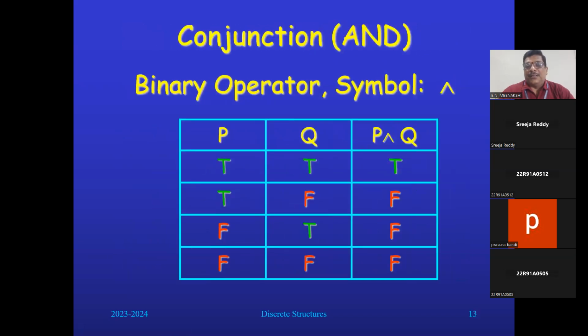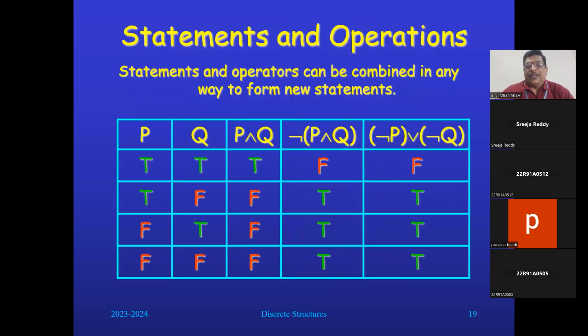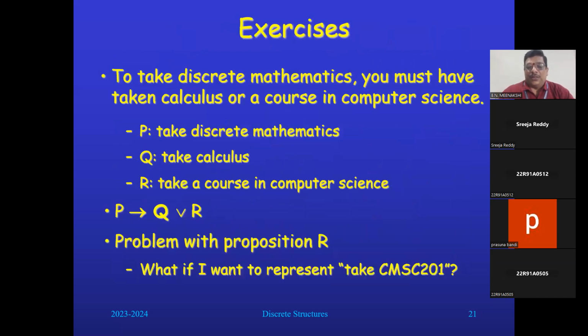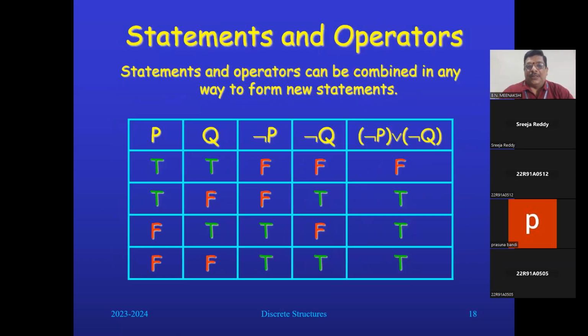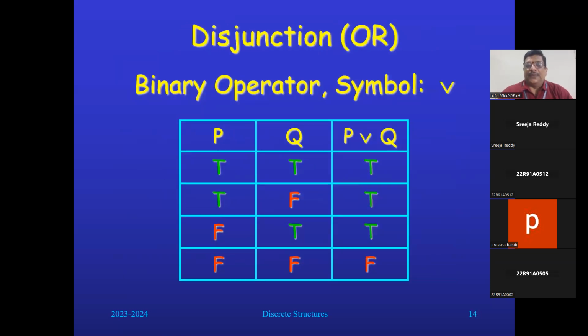The symbol is nothing but the conjunction symbol that you are using. This is the truth table for the conjunction symbol. If both are true, the resultant will be true. If any one is false, the resultant will be false.